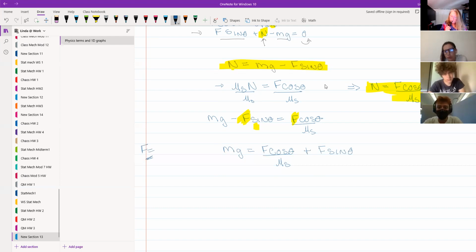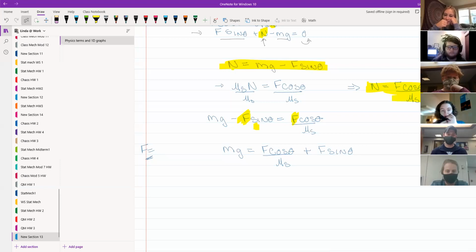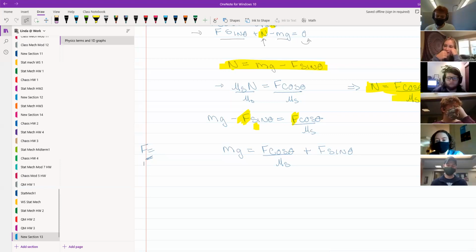Anyone? You can't simply divide out f from the right side, can you?